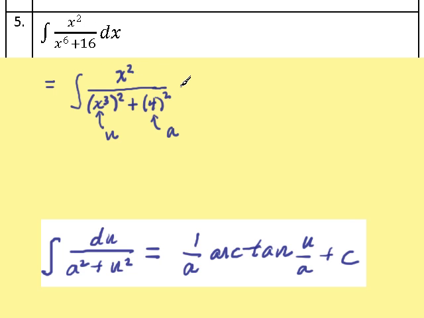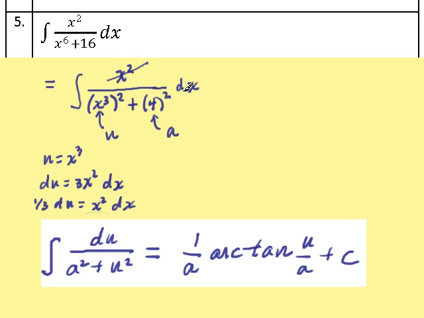So we can do a u substitution and end up with something like this. We're going to put u equal to x cubed, and du is equal to 3x squared dx, or 1/3 du is equal to x squared dx. So let's start substituting. Instead of x squared dx, we're going to put 1/3 du, and here we have our u squared and a squared, which is 4 squared.